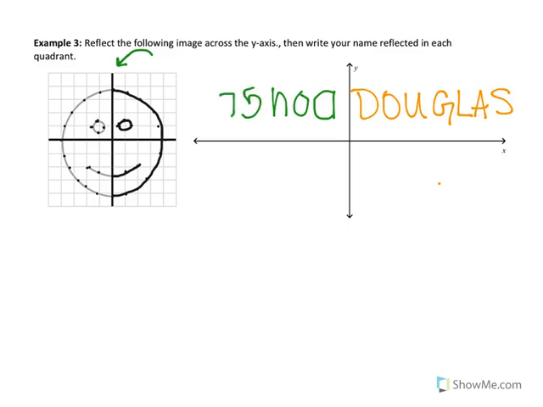There we go. S's are the hardest part for me. Okay, and then in this quadrant, it'll look like this. Nope. It looks terrible. There we go, that's way better. Apparently it's actually G's that are the hardest for me. And the last quadrant.